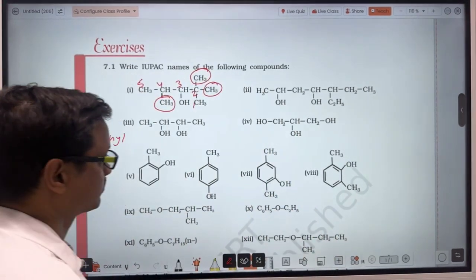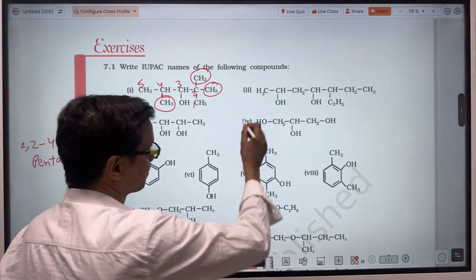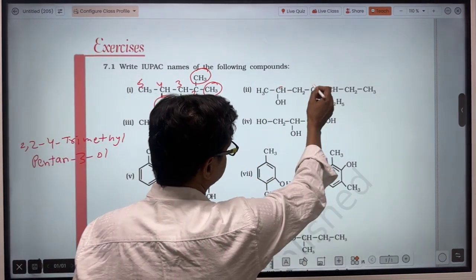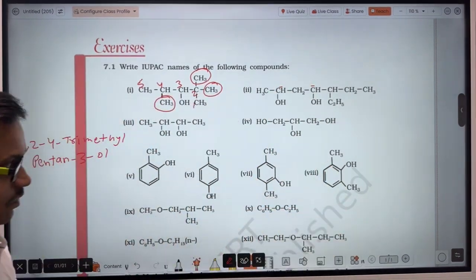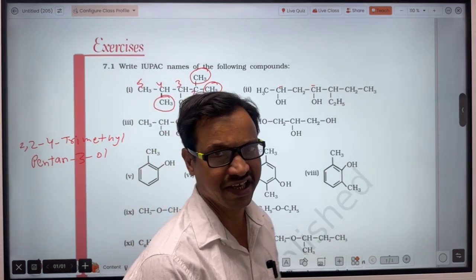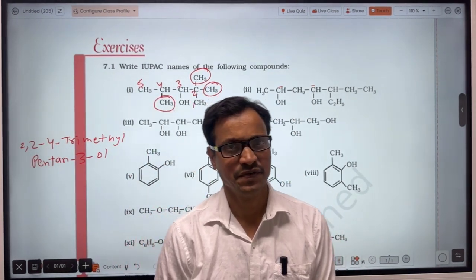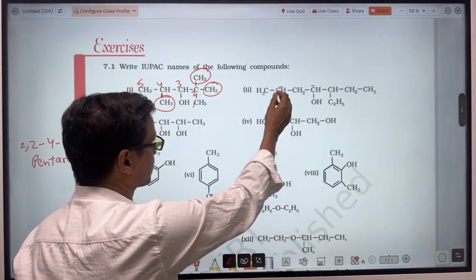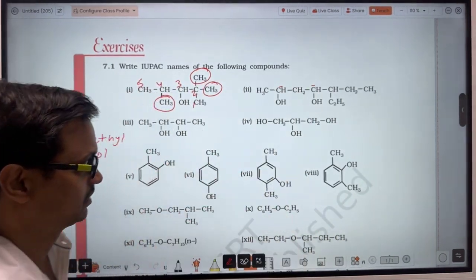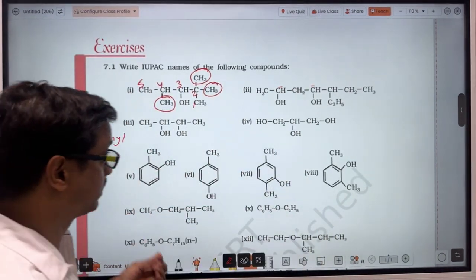Now let's see here. In this compound, this carbon contains a functional group and this carbon also contains a functional group. So in this case, you will have to select the carbon chain which must include this carbon and this carbon. So first of all, the chain will be here.